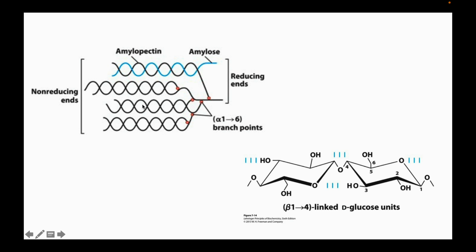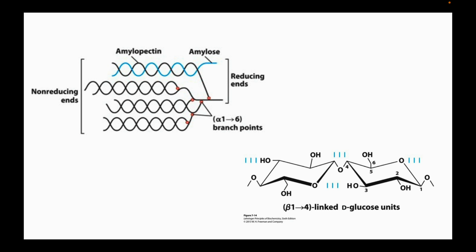In starch, at every 5 to 6 residues there is a branching, and that branching chain is known as amylopectin. But in glycogen, the most important thing is that there is branching at nearly every possible unit. So glycogen is highly branched as compared to starch. The only difference between starch and glycogen is that glycogen is highly branched.